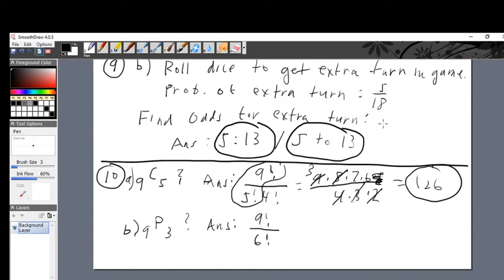CNR is n factorial over r factorial n minus r factorial, and p n r is n factorial over n minus r factorial.